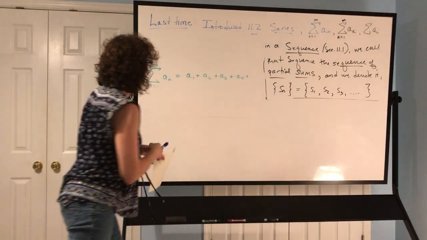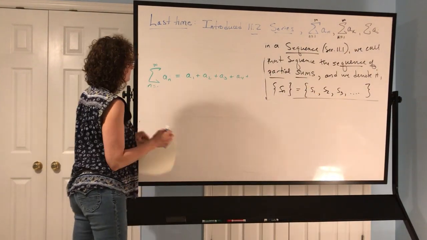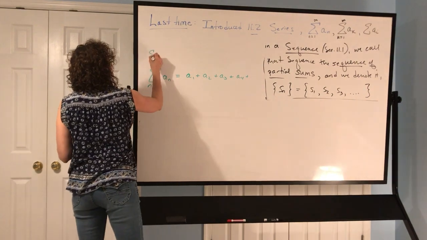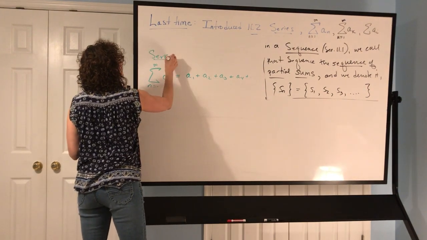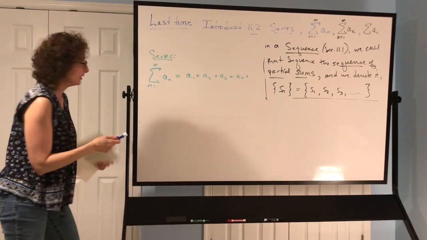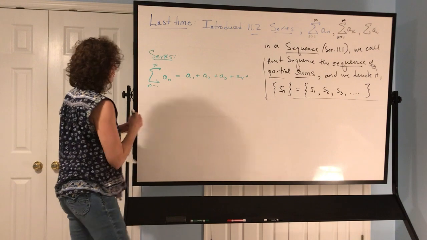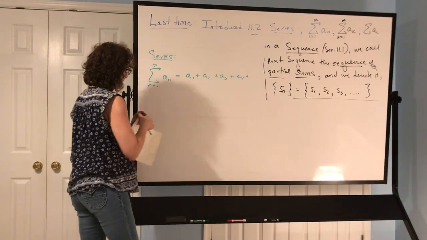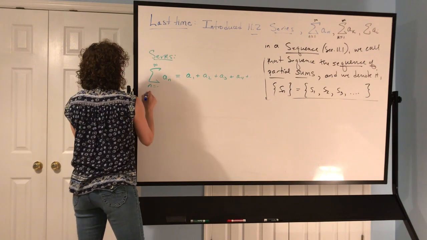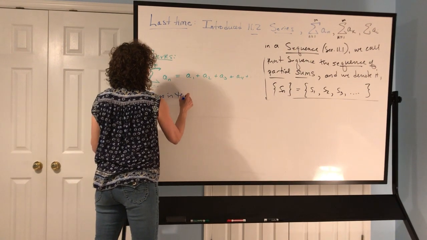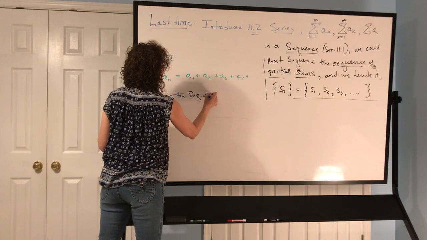So here's our infinite series. We're going to do this in general, and then we'll do some examples in a little bit. So what is the sequence of partial sums?